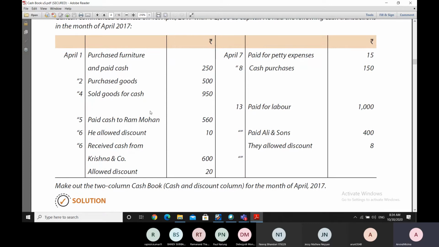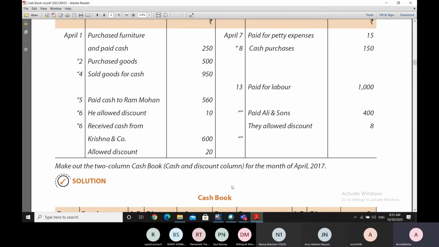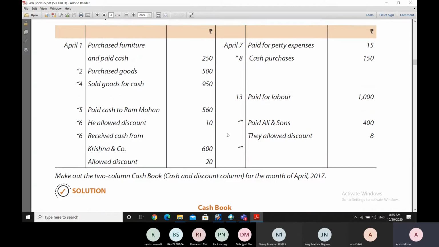So the idea is now to prepare a two-column cash book, and we are being asked to make a two-column cash book where we'll be writing a cash column and a discount column, and over there we'll be writing all these transactions that have been made.